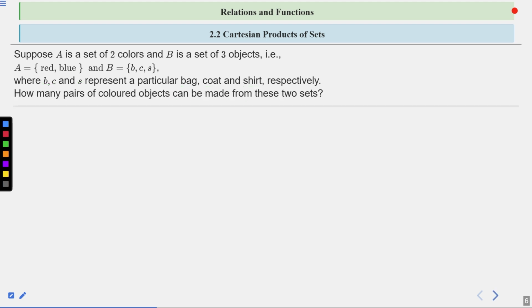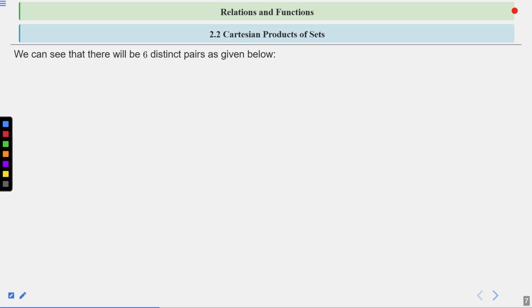Now, the actual question is how many pairs of colored objects can be made from these two sets? Let's see. We can see that there will be 6 distinct pairs as given below. What pairs?